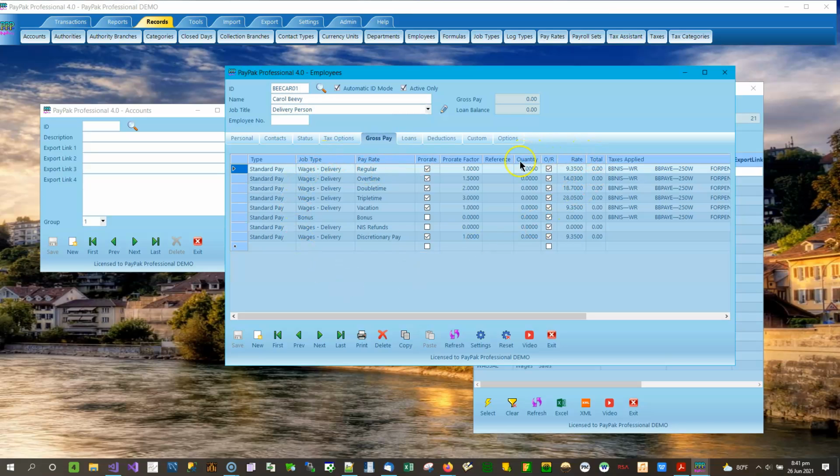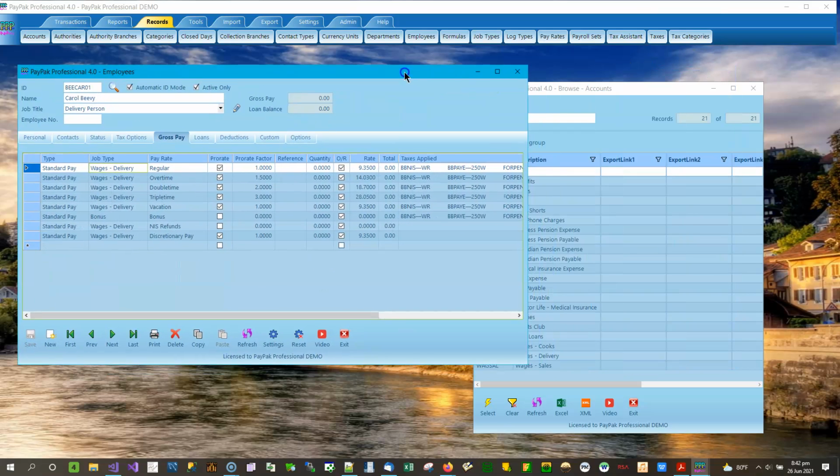And let's look at her gross pay. She's being paid $9.35 an hour for regular pay. Overtime is $14.03. And there is a column over here for job type, which says which job type she belongs to.